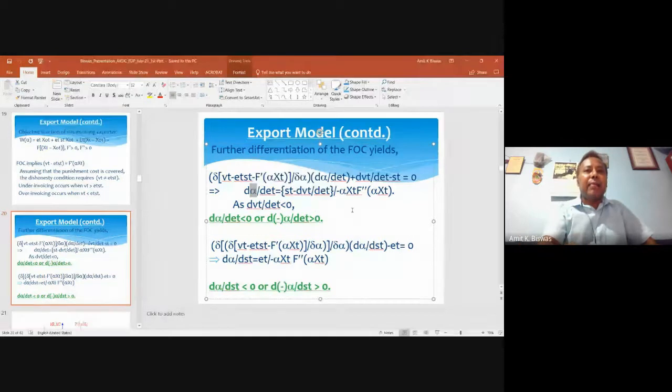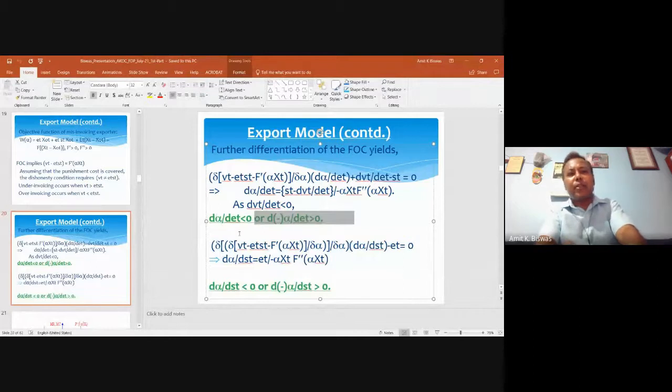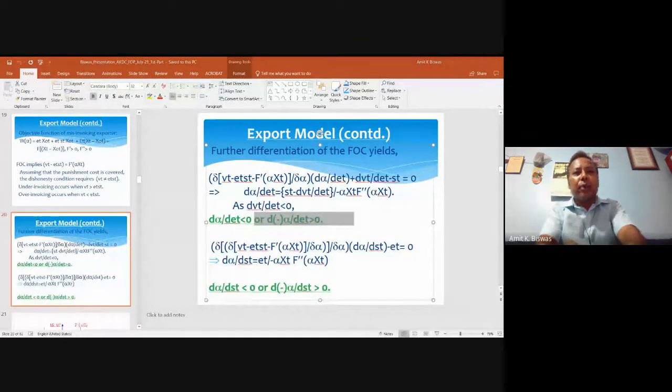You see, del alpha del e is less than 0. Or I should overreport more: del minus alpha del e greater than 0. For the time being, forget about del minus alpha. This is not required. Just focus on del alpha del e. So if my currency devalues, then I will underreport less.